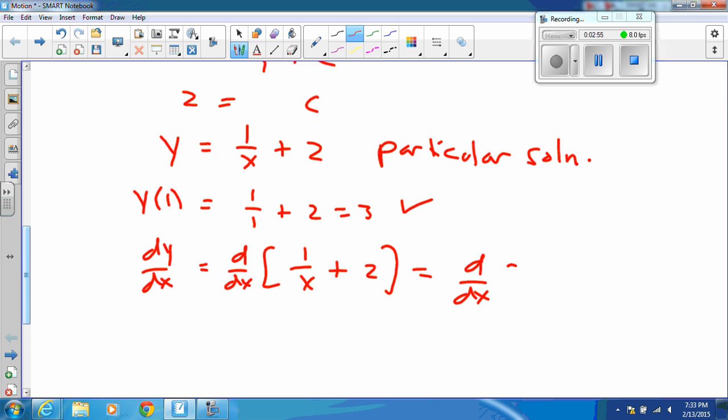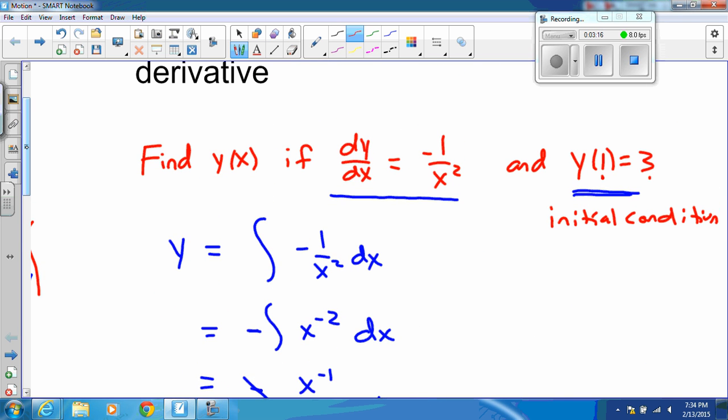And sure enough, when I take the derivative, I get negative 1 over x squared. And so because the derivative is correct and the initial condition is satisfied, we say that we have found the unique solution to our original problem here.